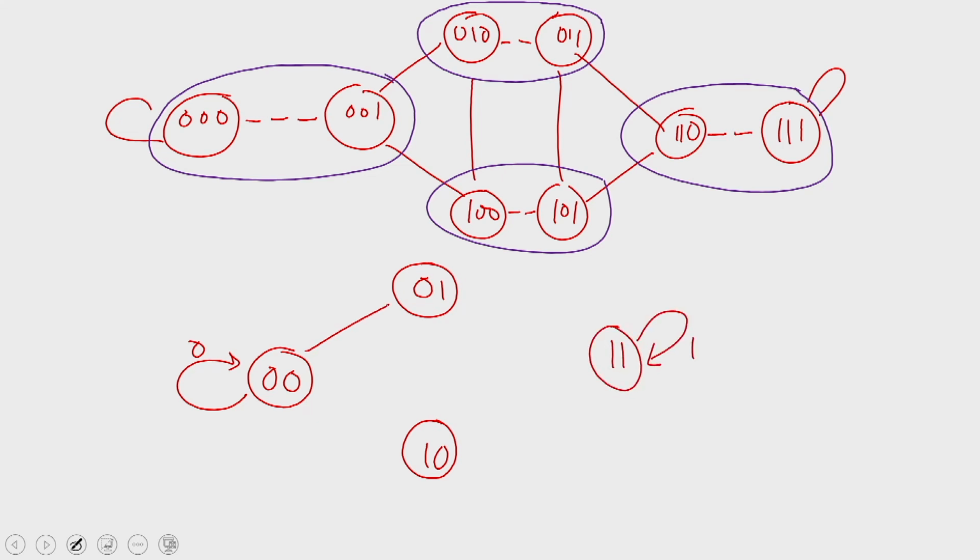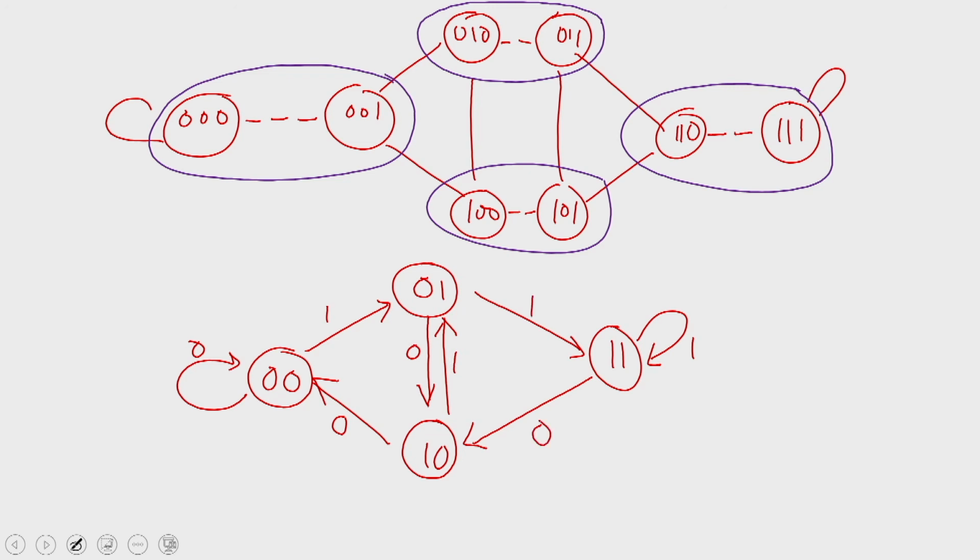The remaining edges can be fitted like this. You can verify that we have these remaining edges, and the edge labels would be like this.